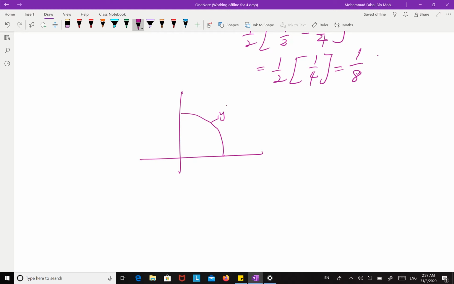So this is y squared plus z squared equals 1. Here should be 1, here also should be 1, and this is the zy plane. This is the region.